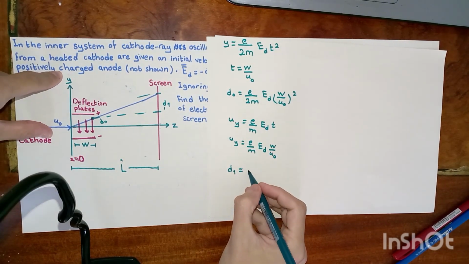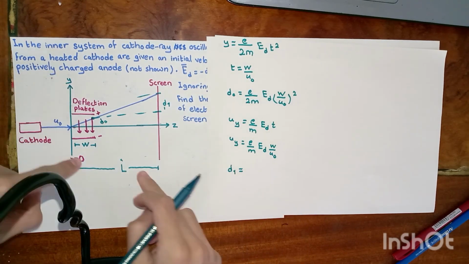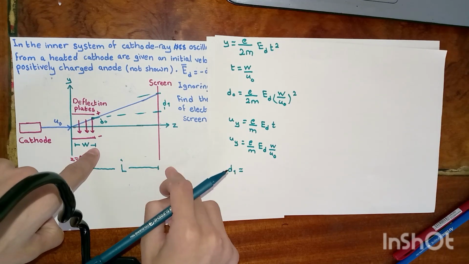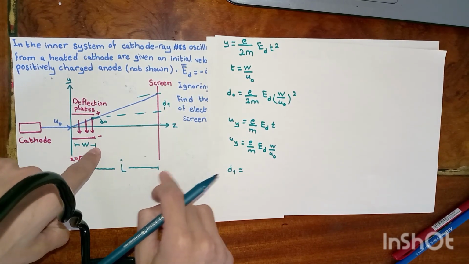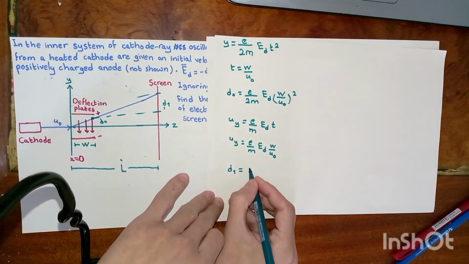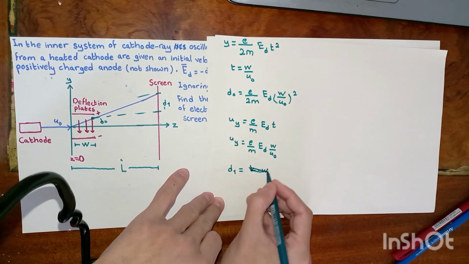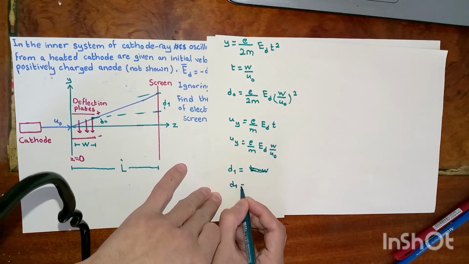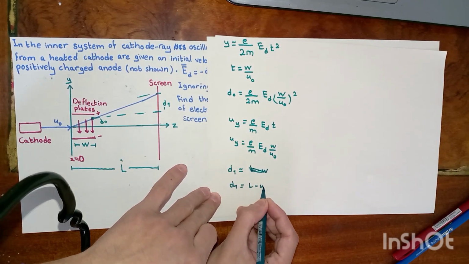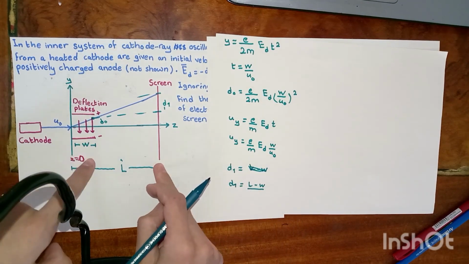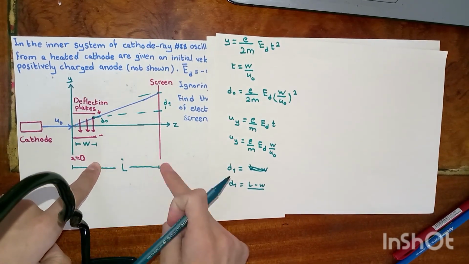And this distance is equal to the time elapsed. The time elapsed between these two regions, between W and L, is equal to the distance between W and L, which is L minus W. D1 is equal to L minus W divided by the velocity needed to pass this region.